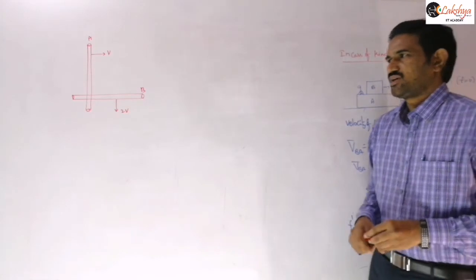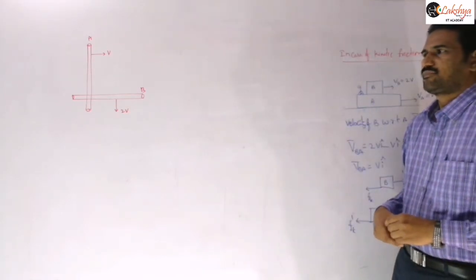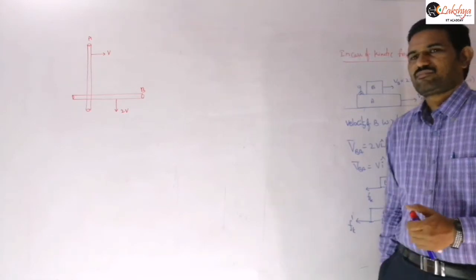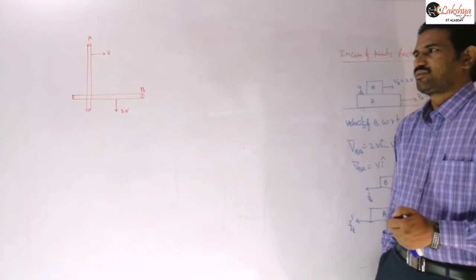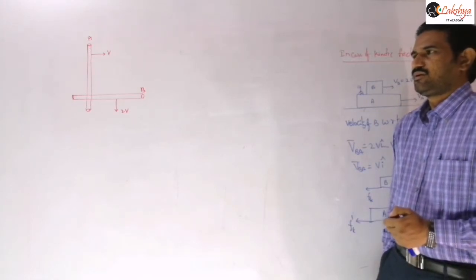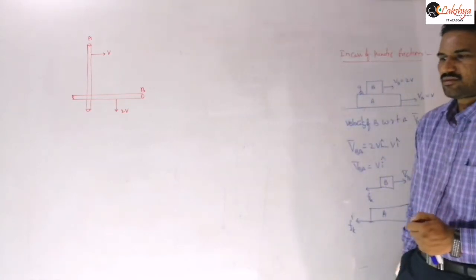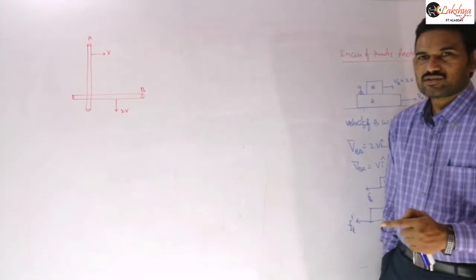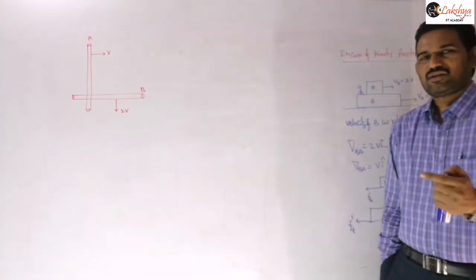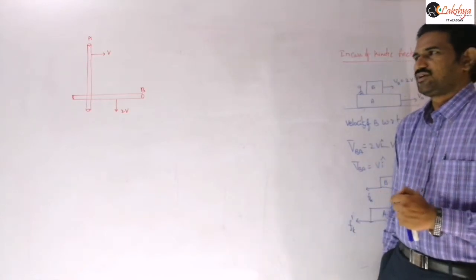Two identical rods A and B are moving as shown in the figure in a horizontal plane, as shown in the figure.